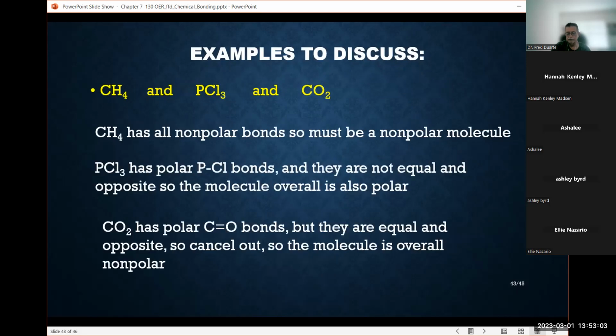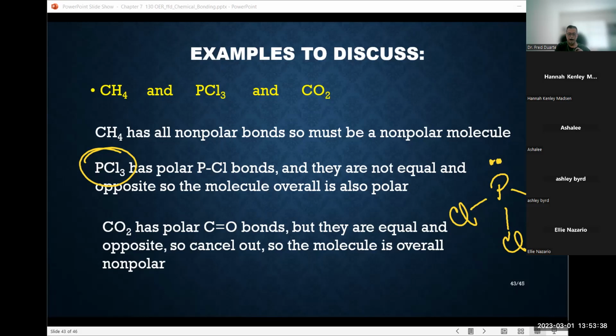The one we can touch on a little bit more in detail is this one, the PCl3. If you do the Lewis dot structure on that, you're going to end up with this species here with, guess what? A lone pair on the central atom. So here's the thing. We've got three polar bonds, which you would think makes it polar, but what's happening here is this.